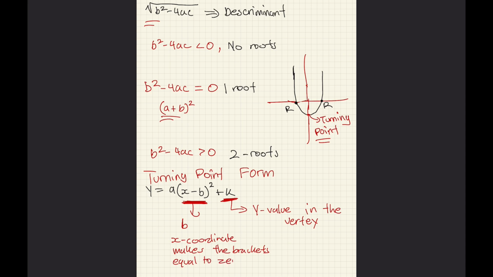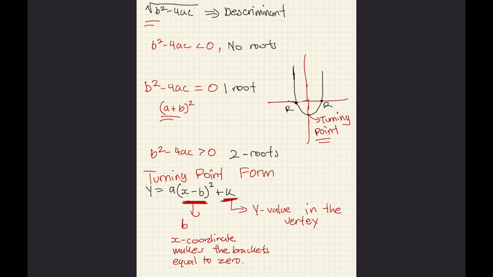Okay, so let's recap. We looked at the discriminant. If there are no roots, we know that the discriminant is less than 0. If there is one root, we know b squared minus 4ac is equal to 0. And if there are two roots, we know that b squared minus 4ac is larger than 0.